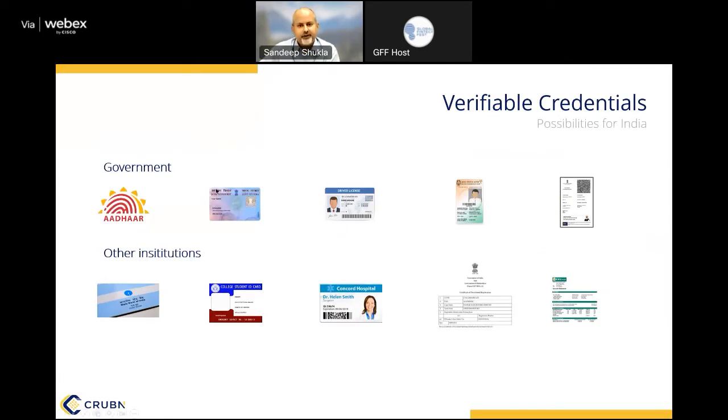You can create a verifiable credential out of PAN card authority, driving license authority, or voter ID card, or even COVID vaccination certificate. Banks can issue their passbooks as verifiable credentials because we often need the passbook to prove our bank account information with our employer, etc. Colleges can give their ID card, and colleges can also give degrees.